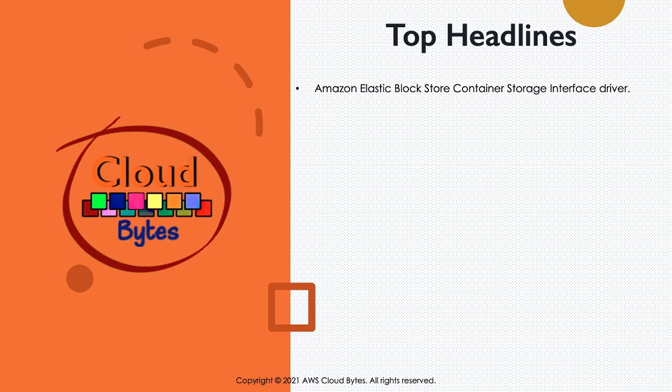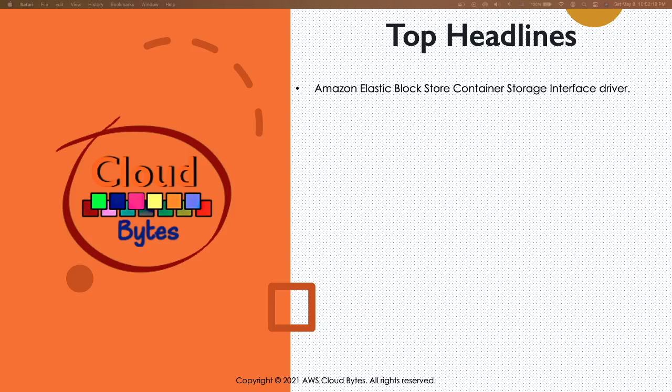The driver implements operations required by the CSI specification to provision, attach, and mount an EBS volume into a Kubernetes pod. The EBS CSI driver is available to install in EKS clusters version 1.17 and above.